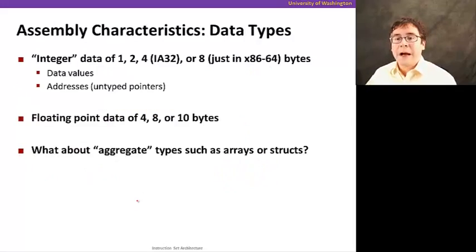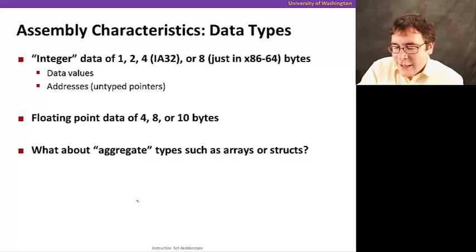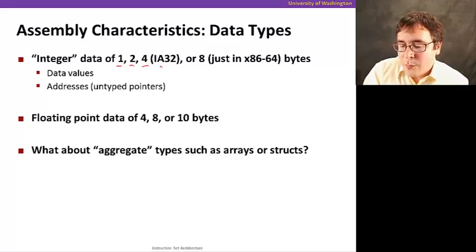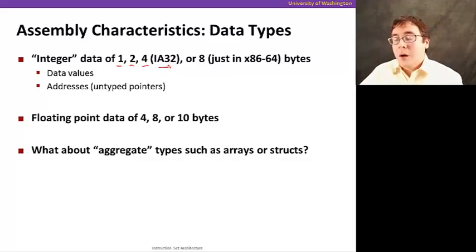With that in mind, now that we know the basic types of instructions, let's look at the basic data types in assembly. In assembly, you essentially have words, units of data that are 1, 2, or 4 bytes in the case of A32, or also 8 bytes in the 64-bit ISA case.